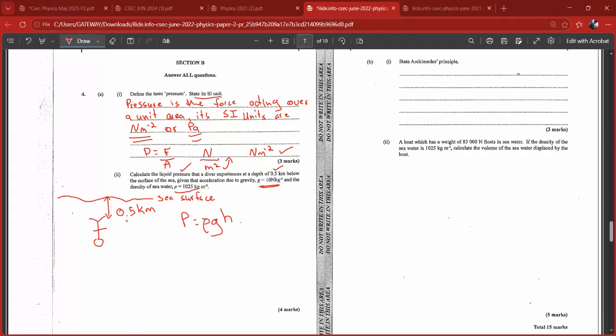So we convert this depth to meters by multiplying by 1,000. You will get 500 meters. That is really the depth. Now you could say this is the depth, or you could say that that is the depth that we have there. I will put it as this, right? 0.5 kilometers.